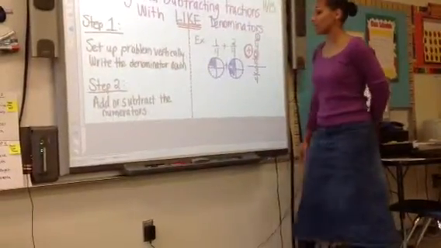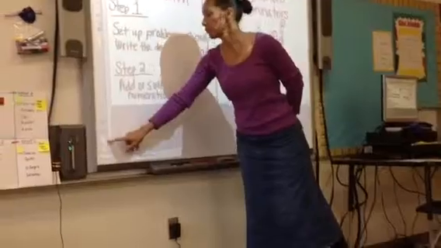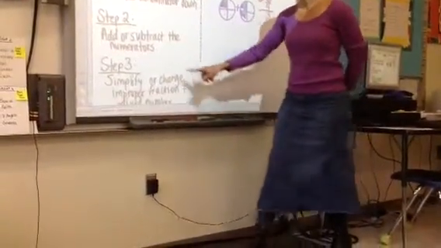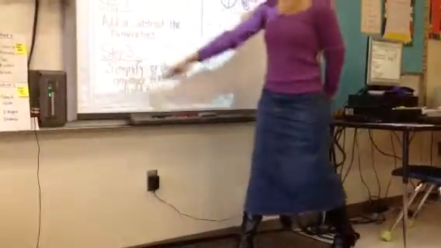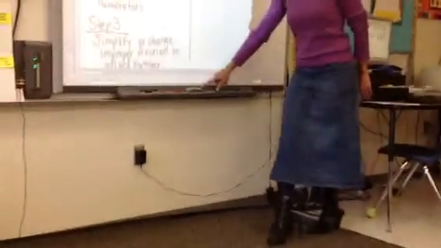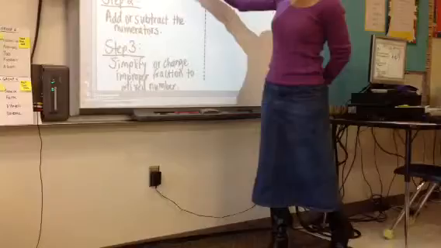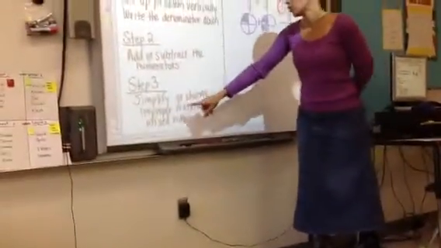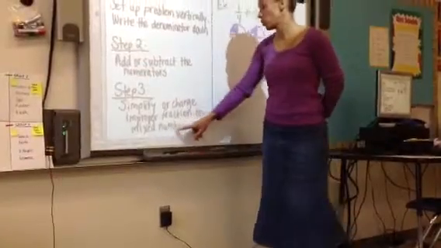The very last thing that we need to do is step 3. And step 3 tells us that we are going to simplify or change an improper fraction to a mixed number.